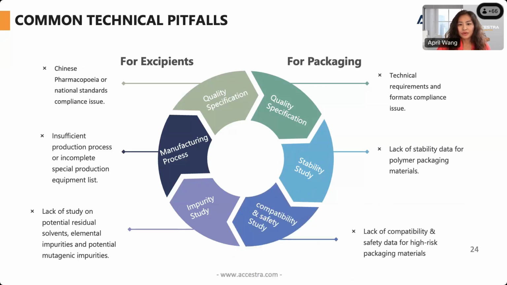The last one, a more specific issue for high-risk packaging products, is the lack of compatibility and safety study. So regarding the above pitfalls, we suggest that you prepare the specifications in consideration of Chinese pharmacopoeia and relevant standards to minimize the risks and accelerate the DMF filing process.